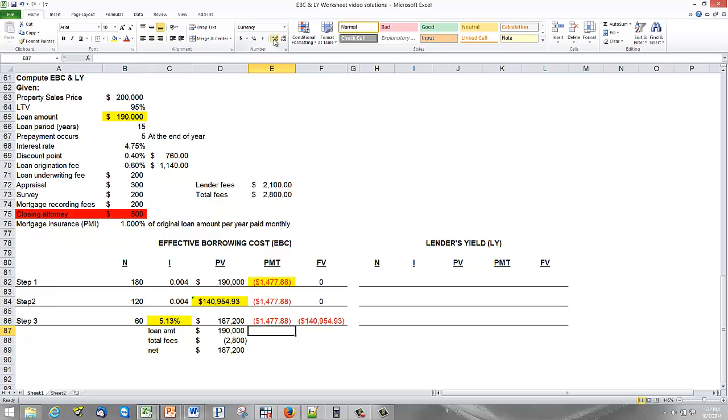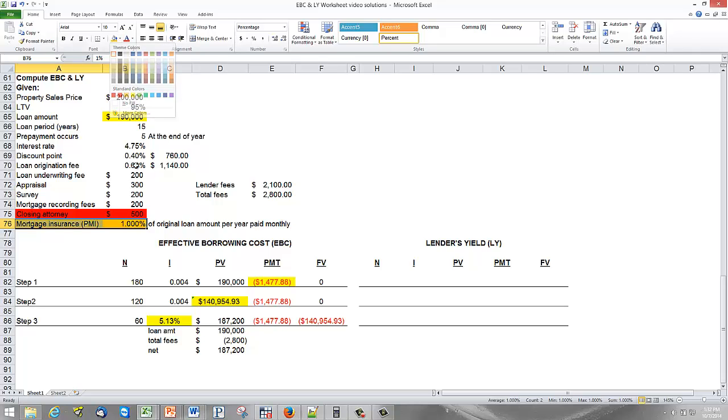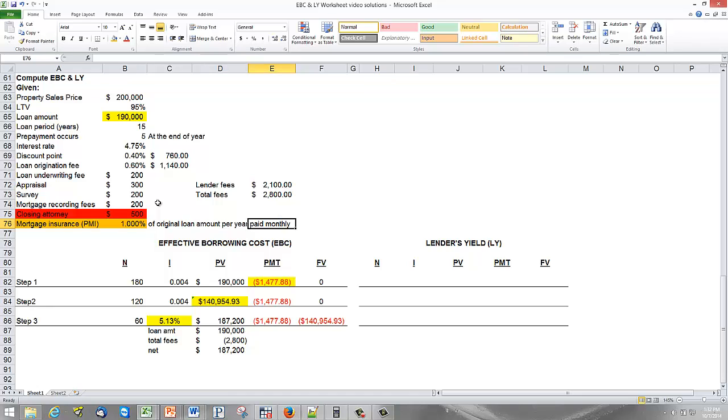But I just forgot that in my payment, I haven't accounted for my private mortgage insurance yet. So it says 1% of original loan amount paid per year, paid monthly. So what that equates to is 1% times the loan amount divided by 12. Okay, and so I need to compute, this is wrong here.